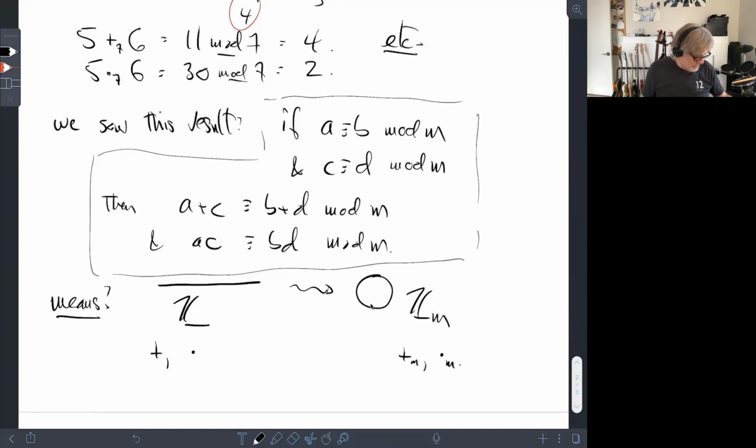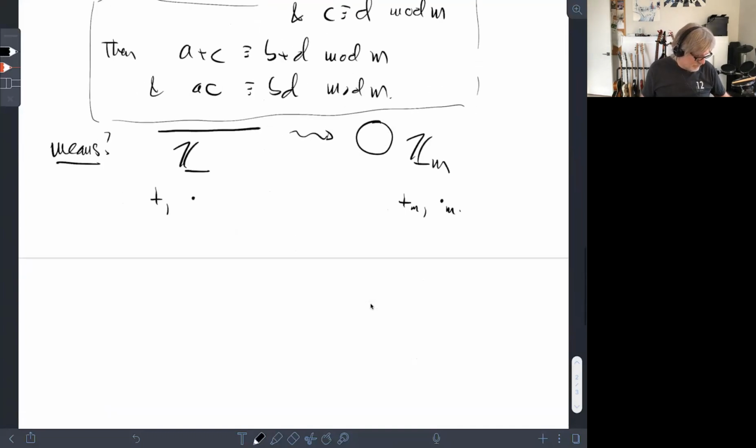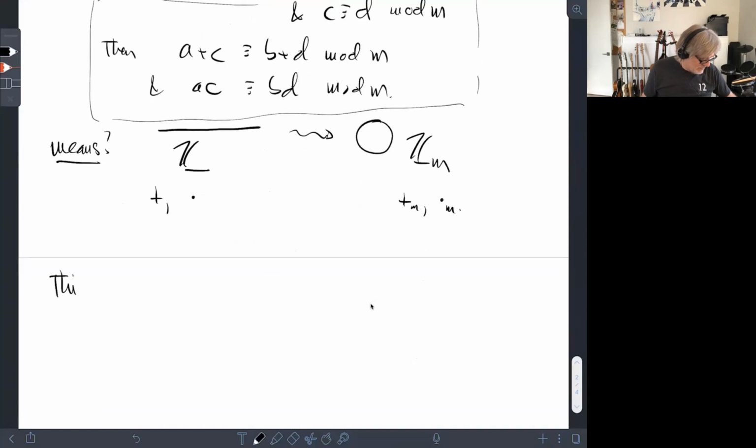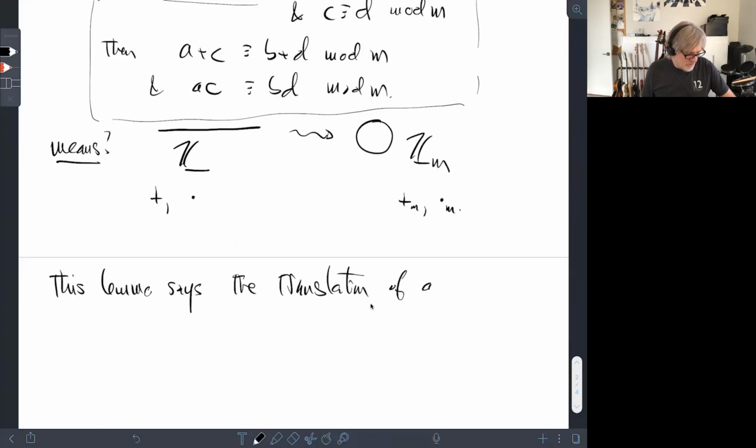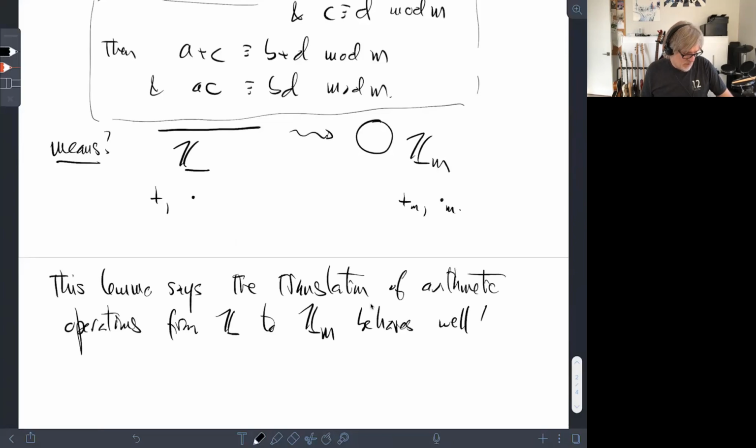So the lemma says that the translation of arithmetic operations from Z to Zm behaves well.